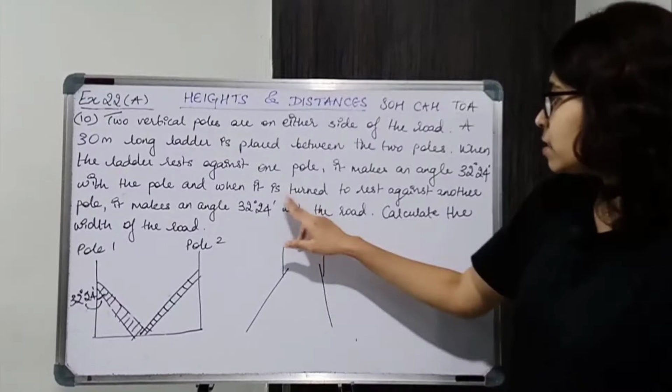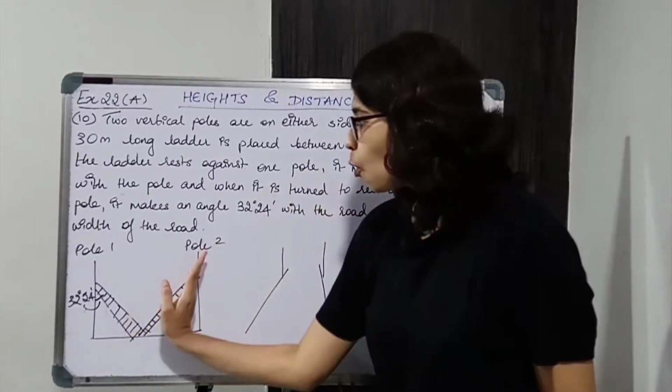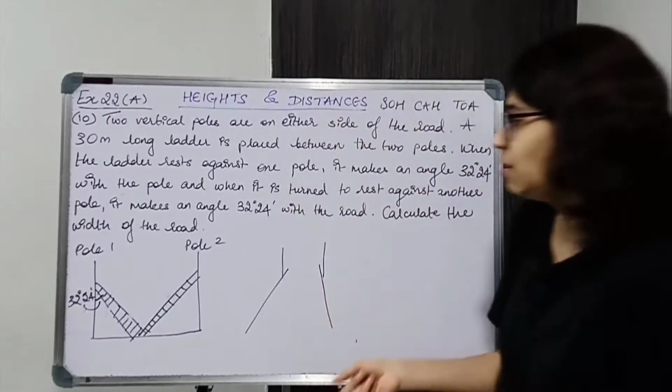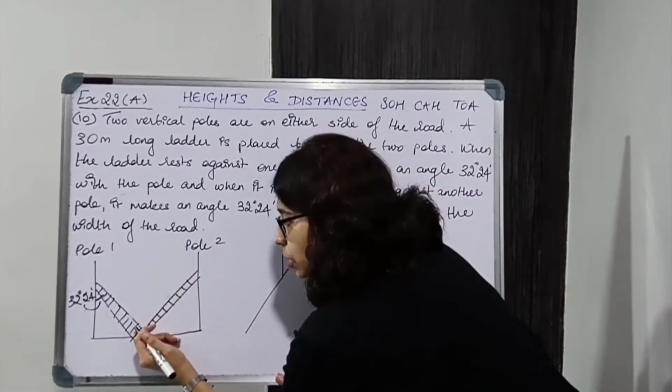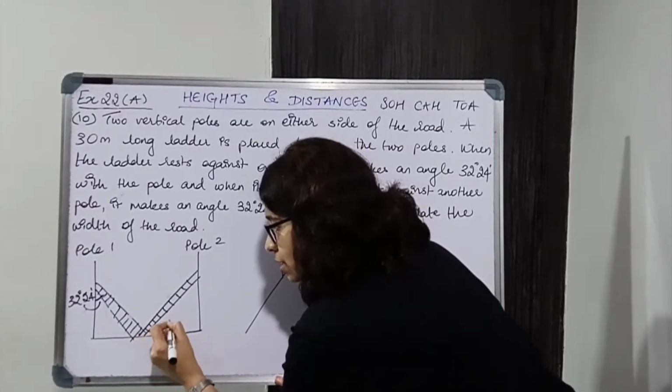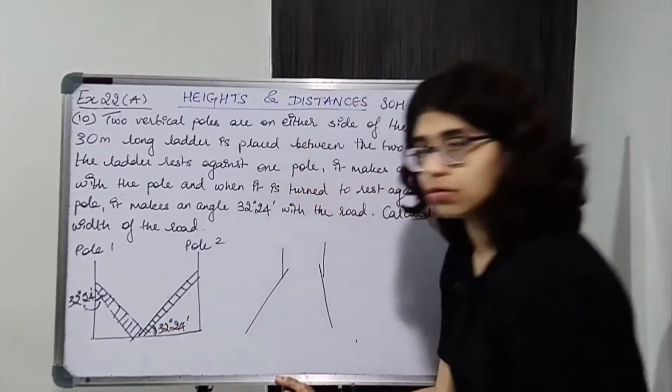When it is turned and rests against another pole, the ladder makes an angle with the road. So the angle between the ladder and the road is 32 degrees 24 minutes.